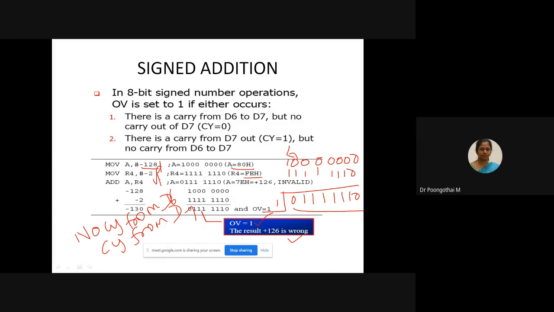The result is plus 126, so the hexadecimal equivalent is 7E. We are adding two negative numbers, so we are supposed to get a negative number, but we are getting a positive one. So the overflow flag is set to indicate that the result is invalid.